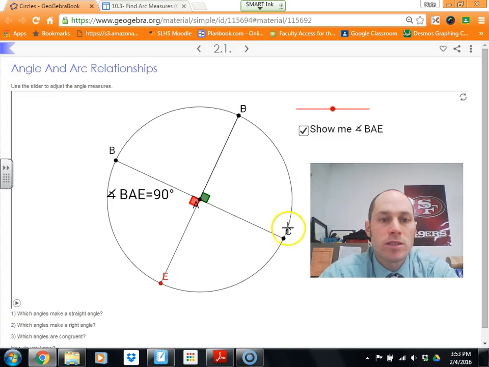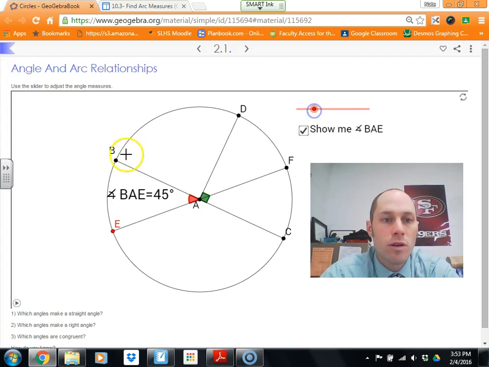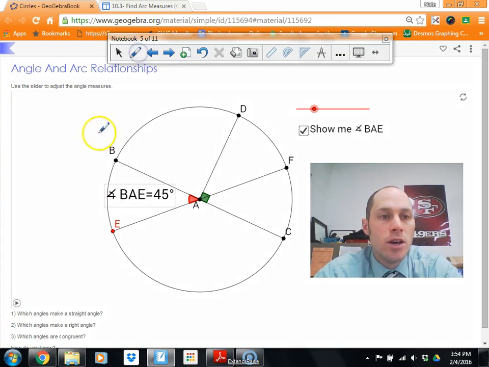And I know that there's 360 degrees in a full rotation, so I know this arc measure will also be 90 degrees. So the arc measure will be equal to the central angle that it connects in between here. If I open this angle up to 45 degrees, or close it to 45 degrees, I know arc BE will also be 45 degrees.